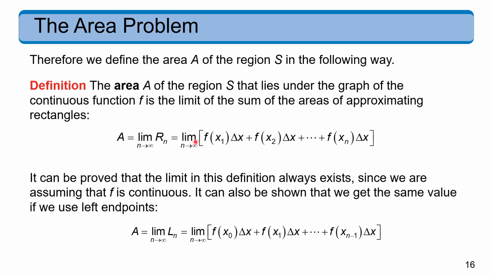But when we take the limit of that as n, which is the number of rectangles, goes to infinity, we now define this to be the exact area under the curve. And we saw why that makes sense intuitively. This limiting process should take us from just an approximation to the exact value, exact area. Now, one thing we're assuming in our definition is that the function is continuous.